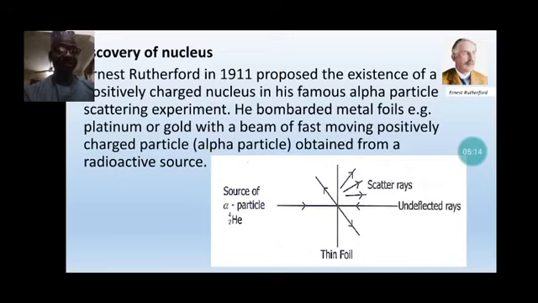The radioactive source generated the alpha particle, which is the helium here, and the foil is subjected at the middle. He discovered that some rays passed through undeflected, some went back, and he was surprised. Thereafter, he was able to propose that the atom is made up of a central positively charged nucleus.